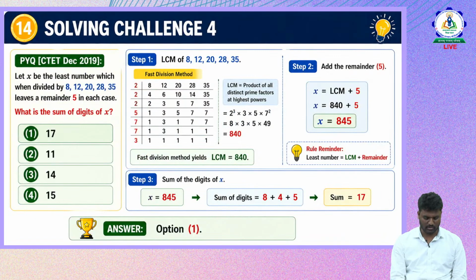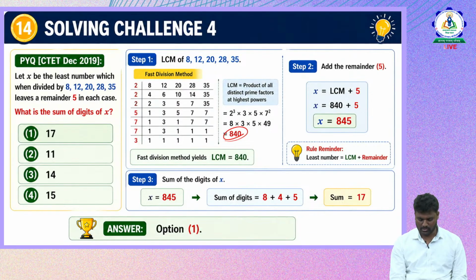Now let us try to solve this one. Let x be the least number which when divided by 8, 12, 20, 28, 35 leaves the remainder 5 in each case. We need to identify the sum of the digits of x. I have found the LCM of 8, 12, 20, 28, 35 through the division method, checking with 2, 3, 4 like tables.